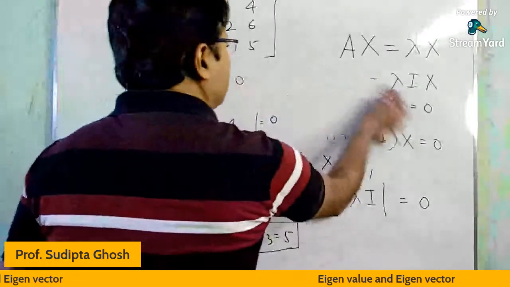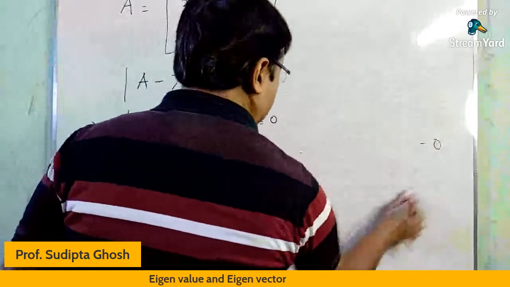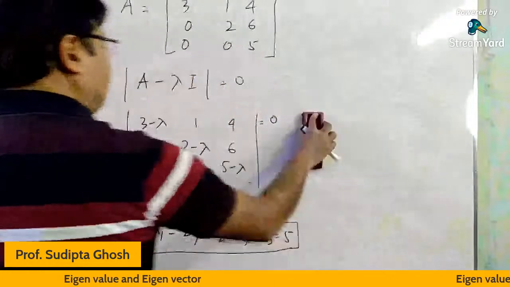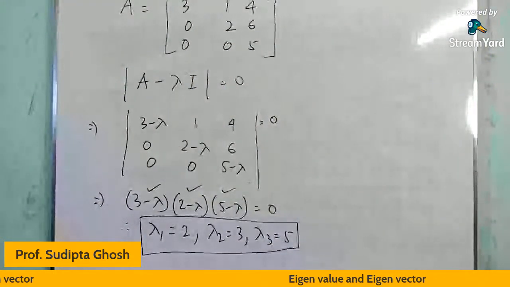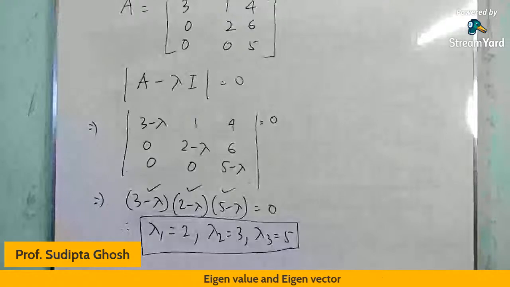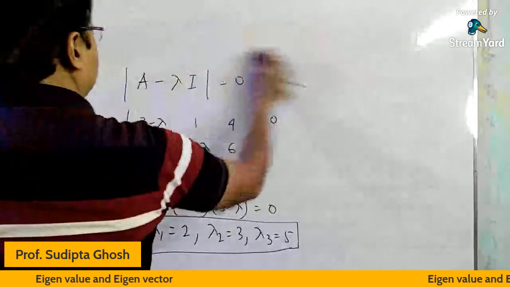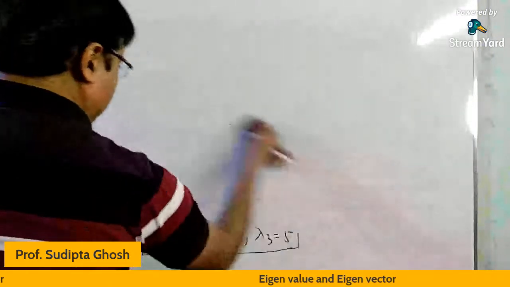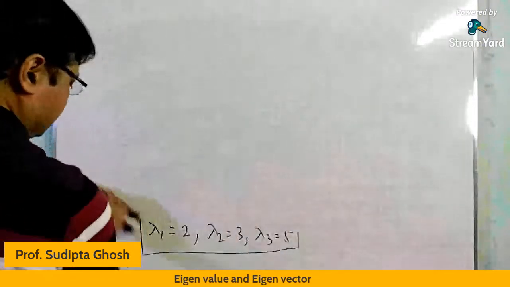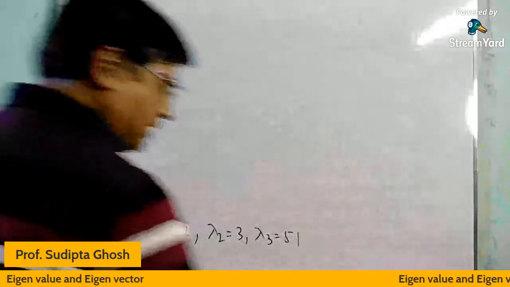Now we have to find the value of capital X, because capital X is the eigenvector. To find capital X, again we have to, let's remove all these things, and just keep these values of lambda.